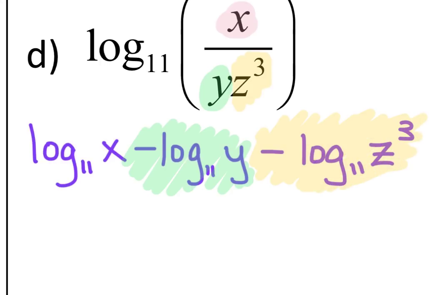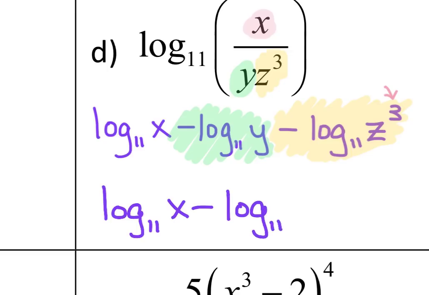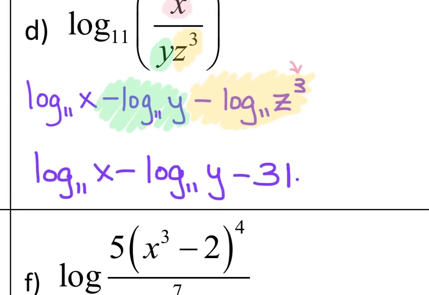The only other thing I have to look at then is the cubed on the z, and you want to expand that just slightly farther. So I'm going to rewrite the rest of it: log base 11 of x minus log base 11 of y minus 3 log base 11 of z.